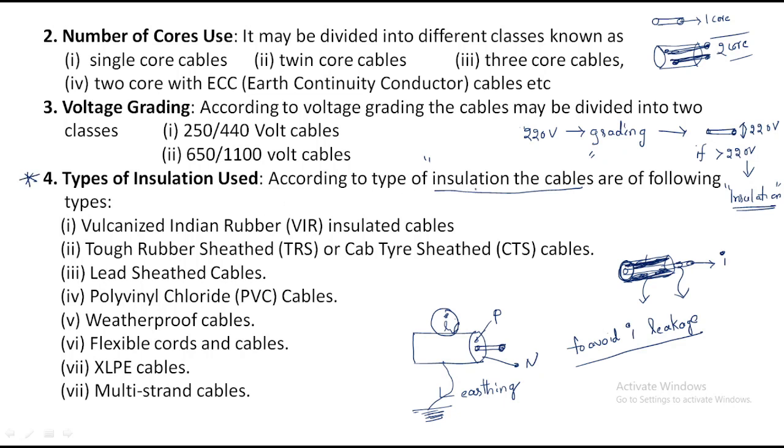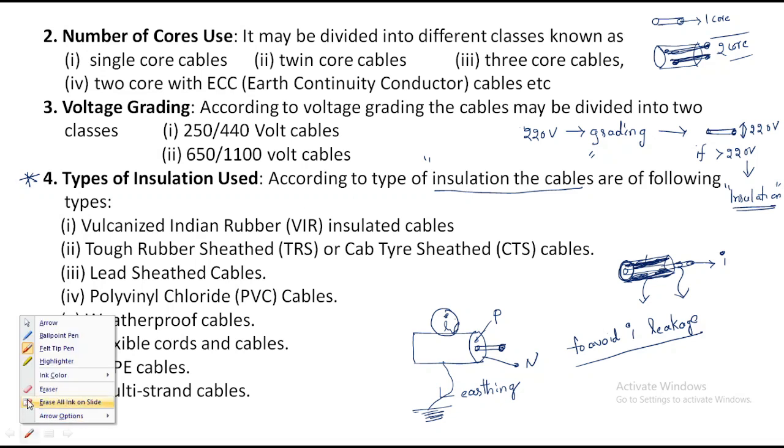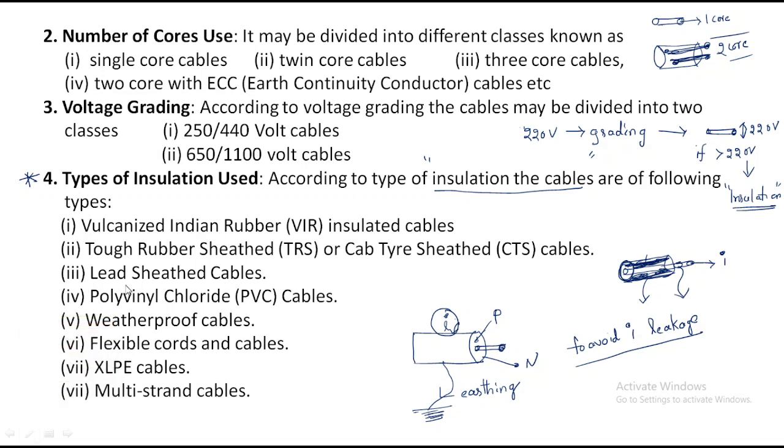So according to the type of insulation, cables are of the following types. One is vulcanized Indian rubber insulated cables, meaning we use vulcanized Indian rubber as insulation. Second, tough rubber sheathed, TRS. TRS is not a political party. This is tough rubber sheathed, or cab tyre sheathed. Both are the same.